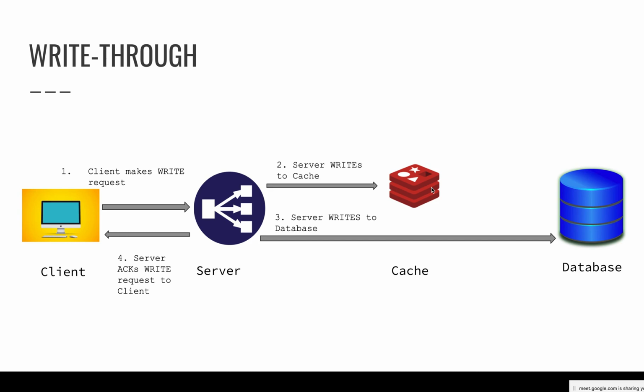Once it has received the confirmation of successful write from both the database as well as the cache, it confirms back to the client that yes, your write request is successful. Is the pattern clear?